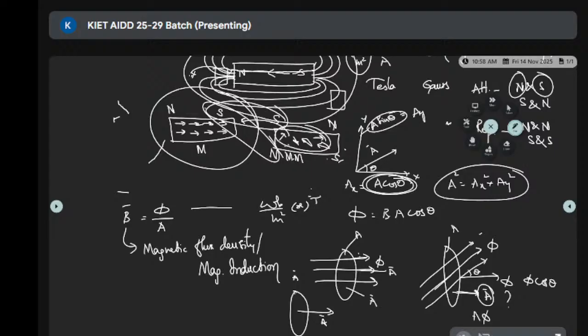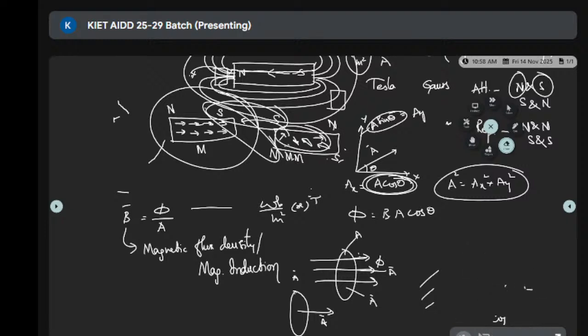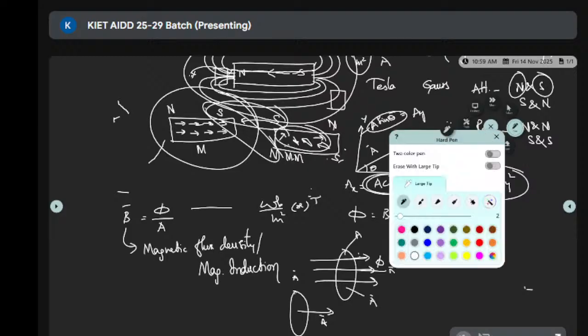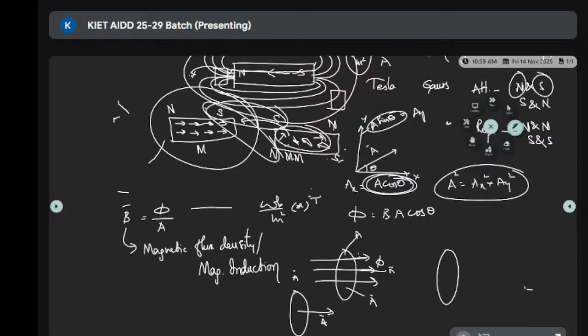Sorry, B. In this direction, B, phi is equal to the area vector A, and the B value in this direction which makes an angle theta is B cos theta.